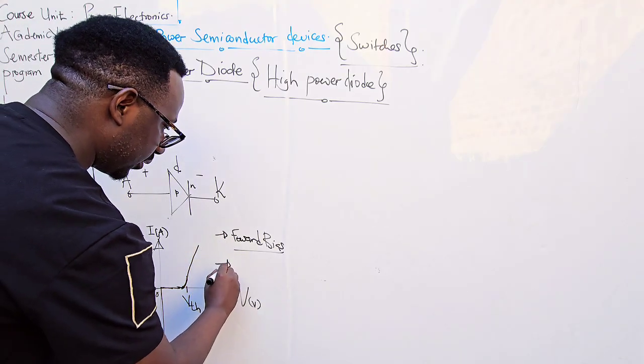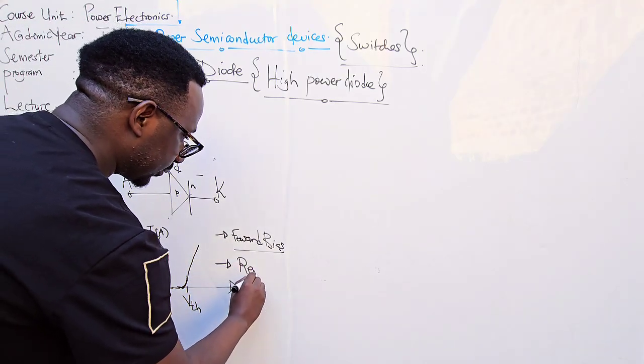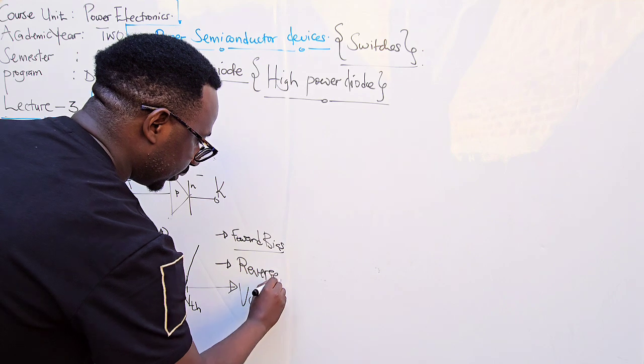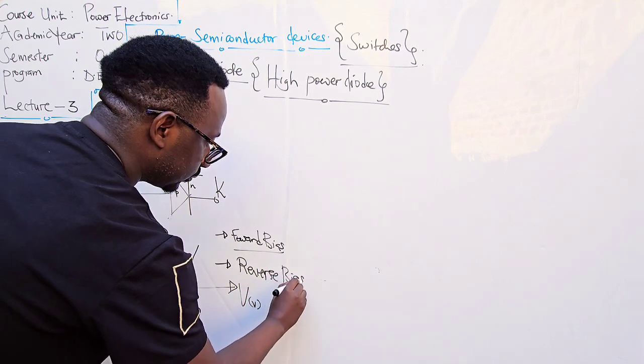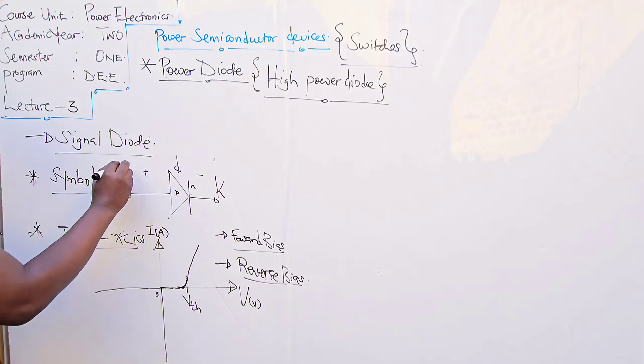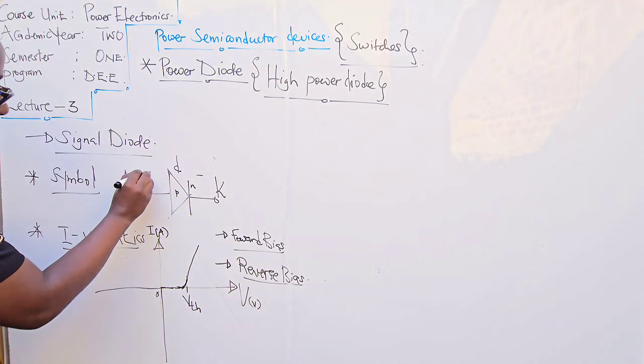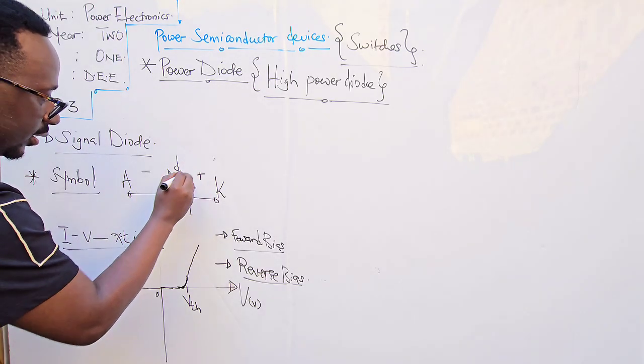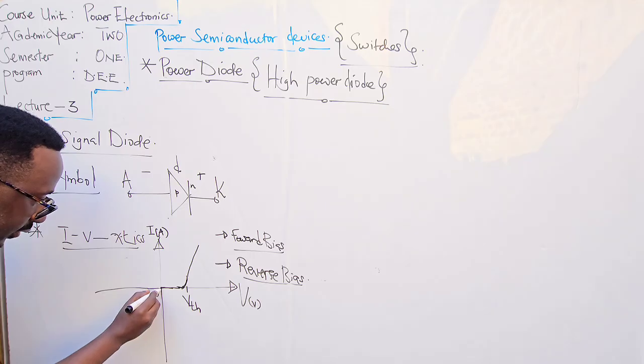So if now we reverse bias the diode, what happens? That means we flip the voltages now, this side negative, that side positive. This is what we will see.